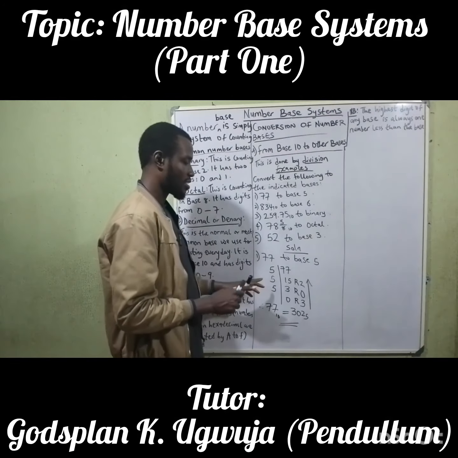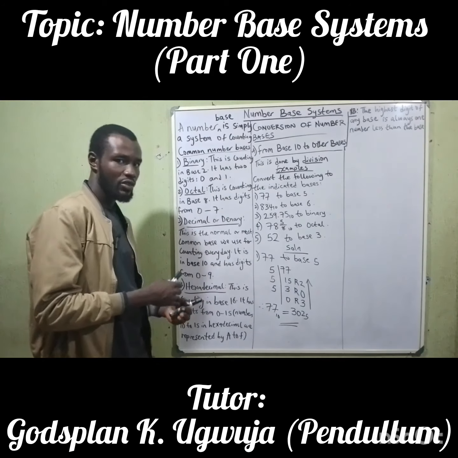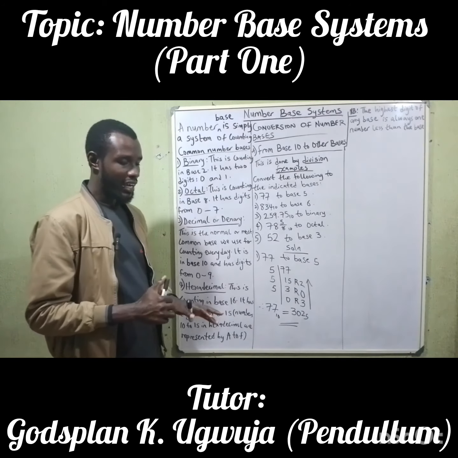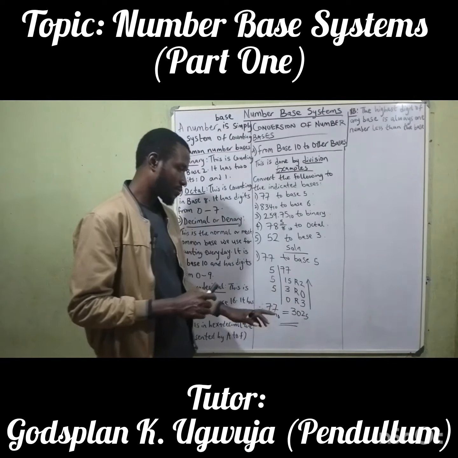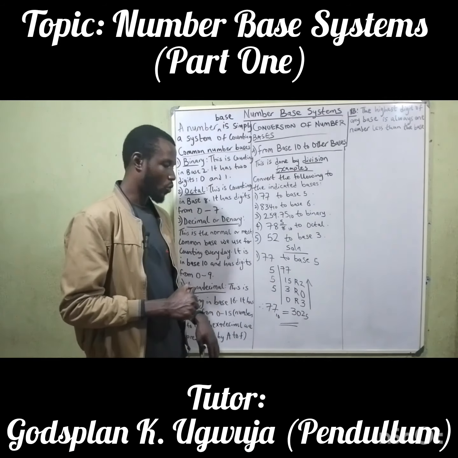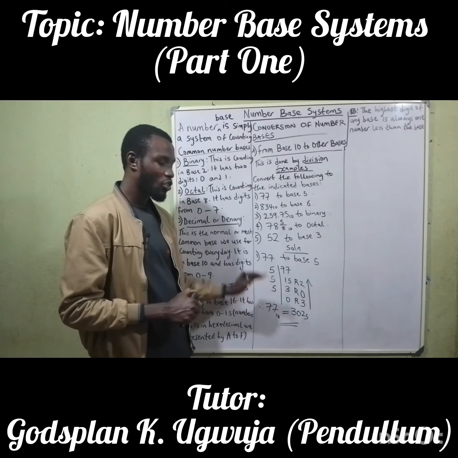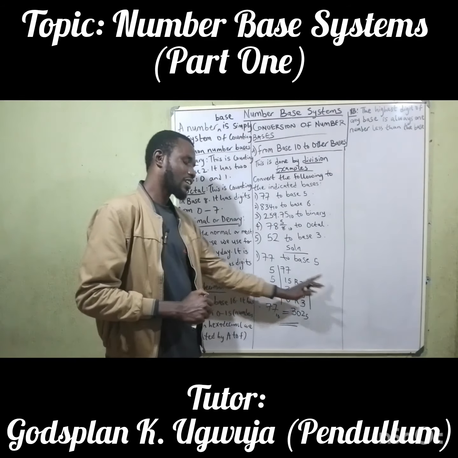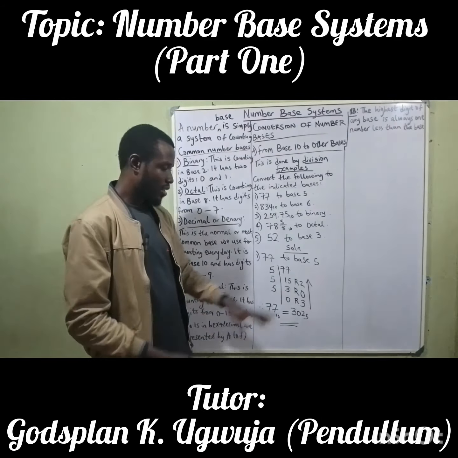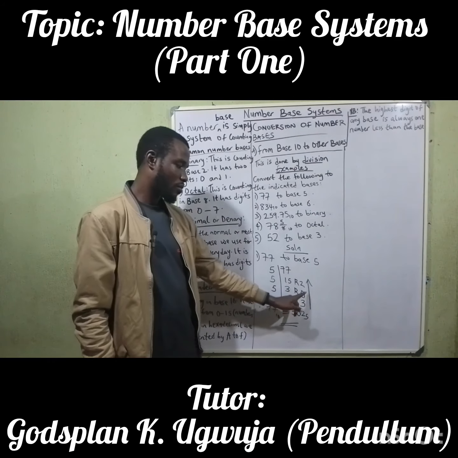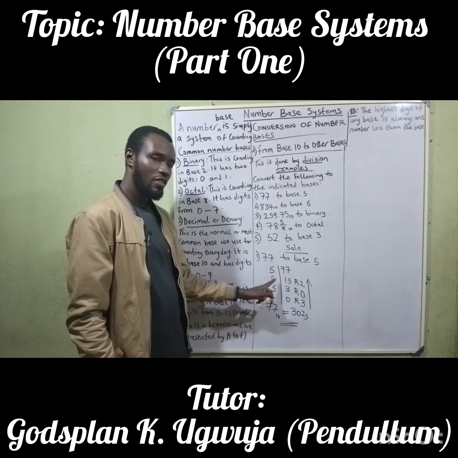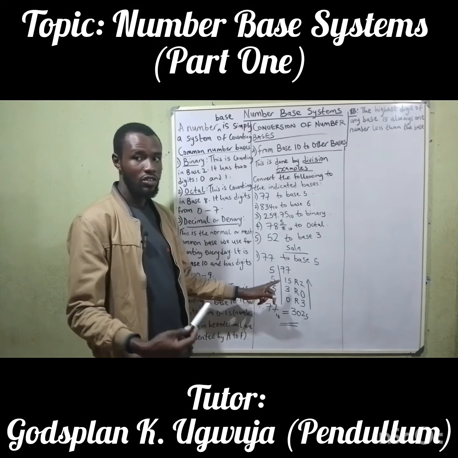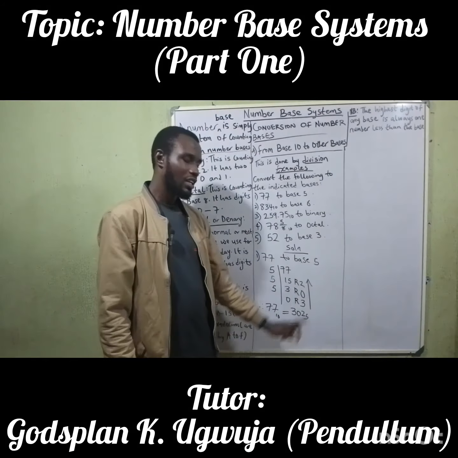Any number you're converting from base 10 to another base, you divide that number by the base you're converting to, and you keep doing this division repeatedly, writing out your remainders. If it divides completely, you write remainder 0. If it doesn't divide completely, you write down the remainder.